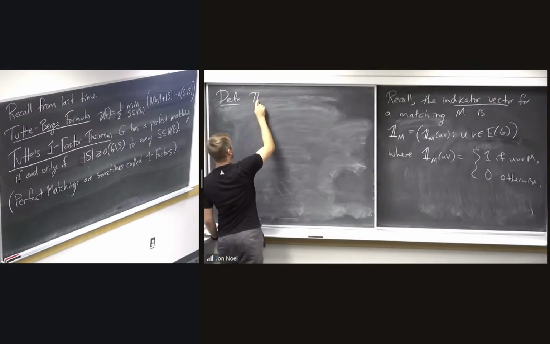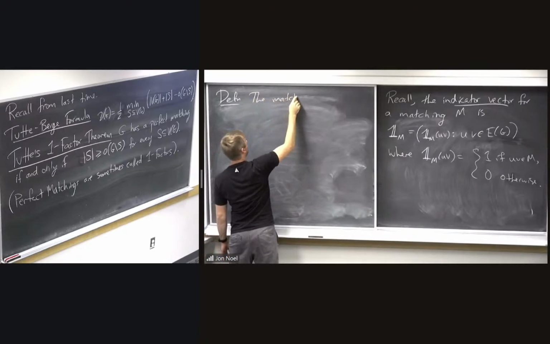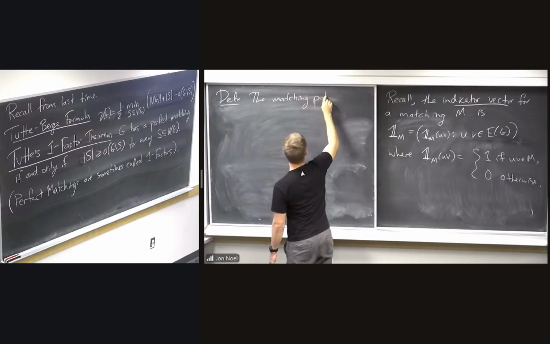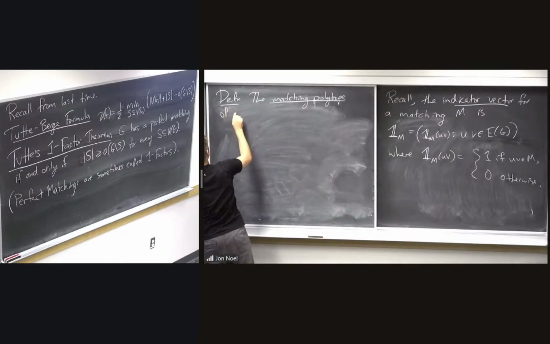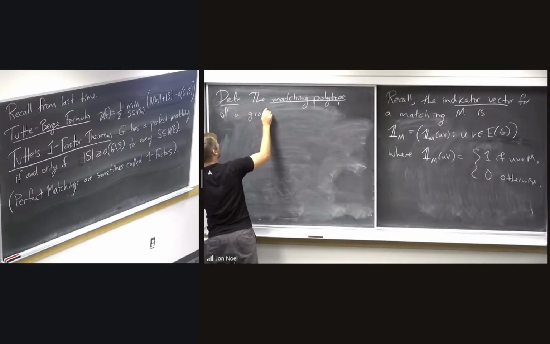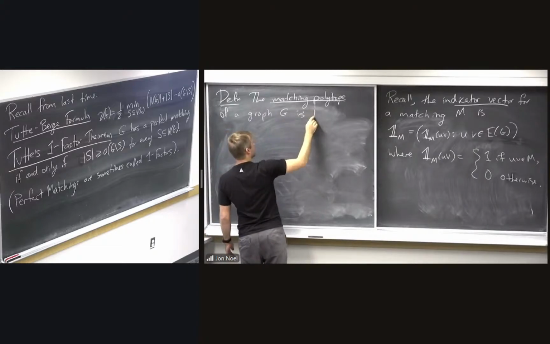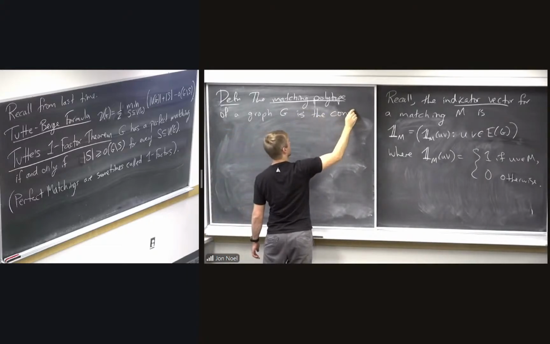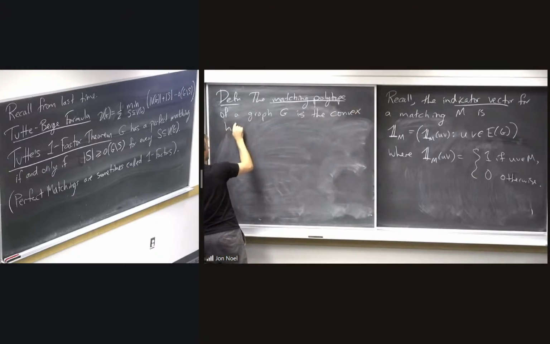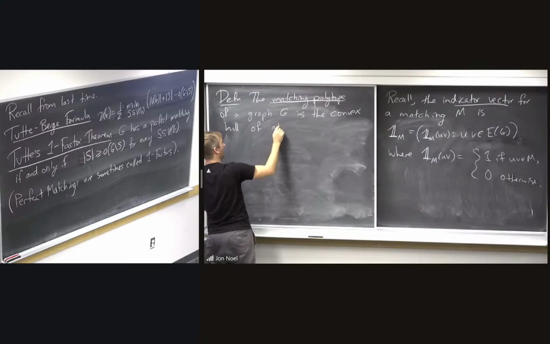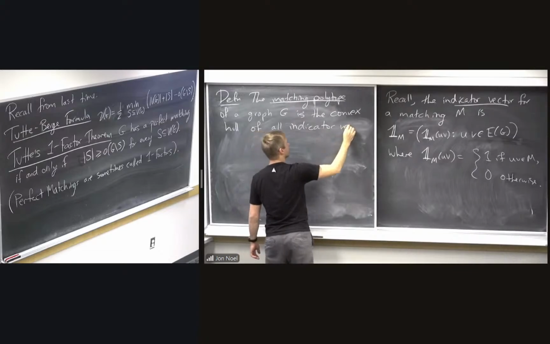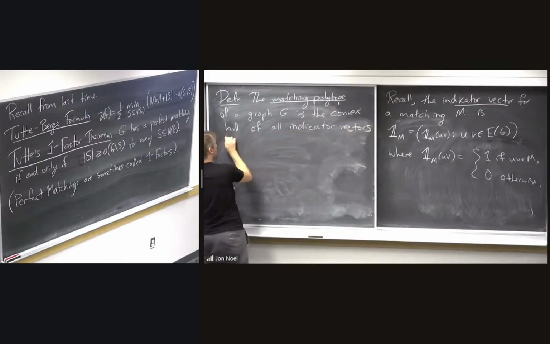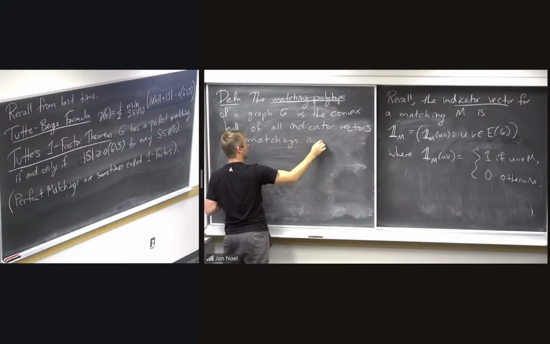The matching polytope of a graph G is the convex hull of all indicator vectors of matchings in G.